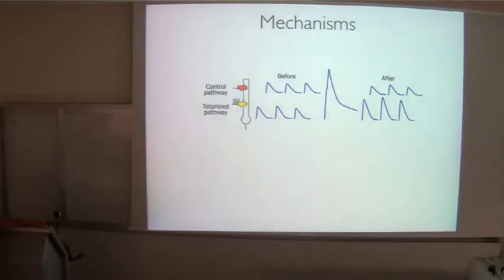On the test pathway, every time you give it a stimulus, you get an EPSP. There's obviously some variability. Then you give a tetanus only to the test pathway. And this is what it would look like, because you stimulate it many times, so there's a big summation of EPSPs.